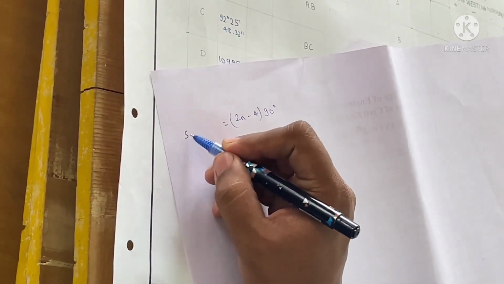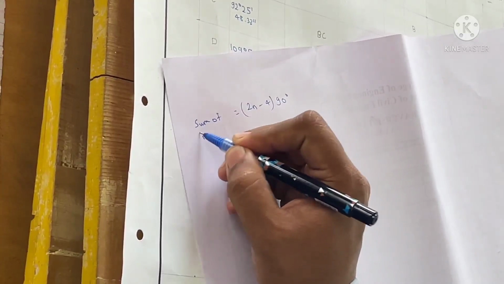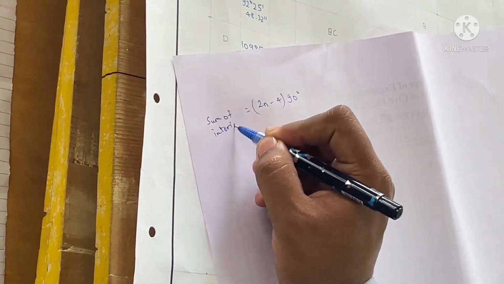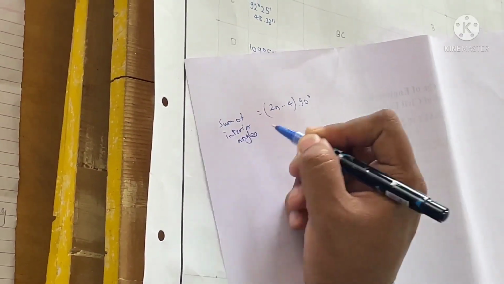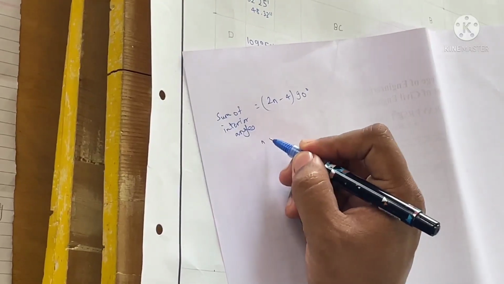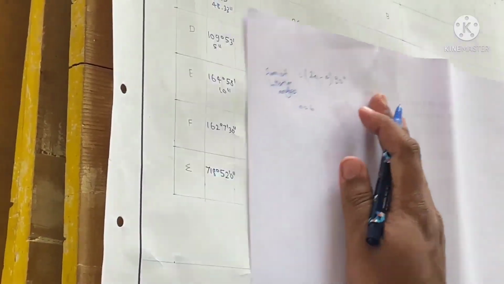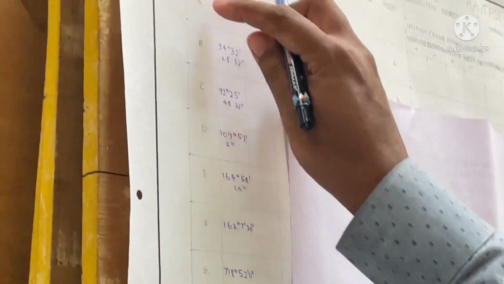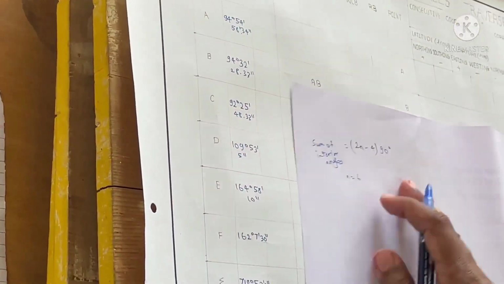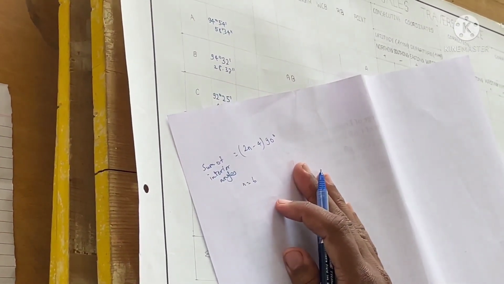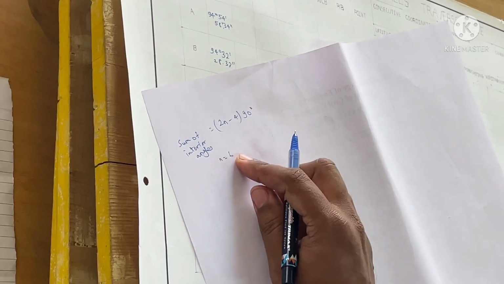Here n is 6 because the station points are A, B, C, D, E, F, so there are 6 sides of the traverse. According to that we take n equal to 6.